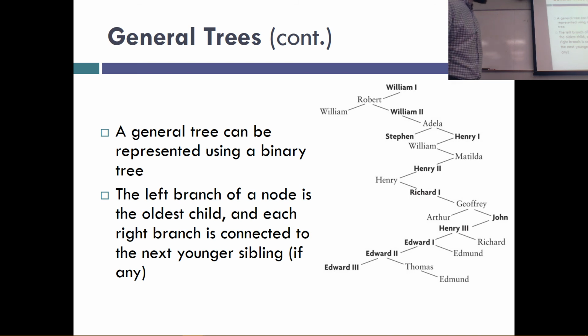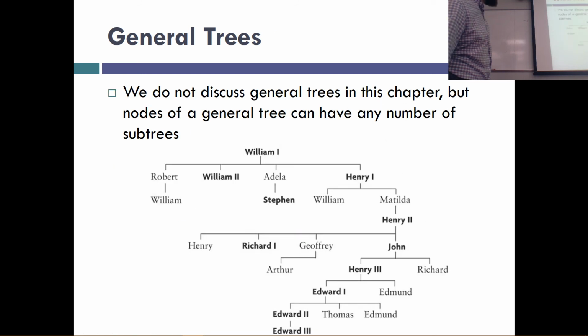This is a family tree. So here, focus on Richard the First, right? His older brother was Henry, and his youngest brother was Joffrey, and Joffrey's younger brother was John. Okay? John had the kid Henry, whose kid was Edward the First, whose kid was Edward the Second, whose kid was Edward the Third. Let's go back, focus on Henry the Second, and let's try to find him down here.